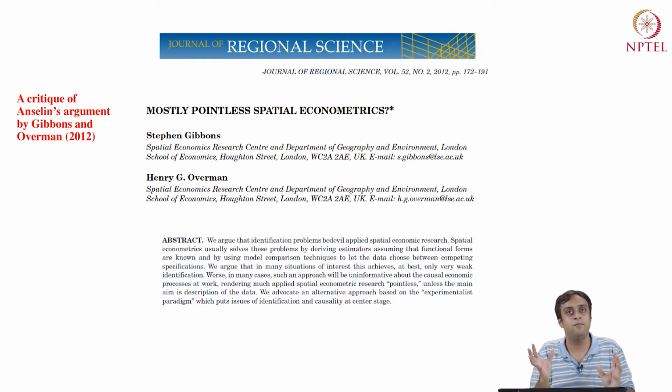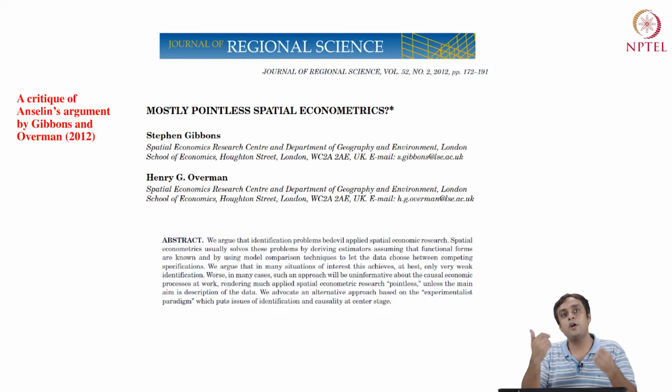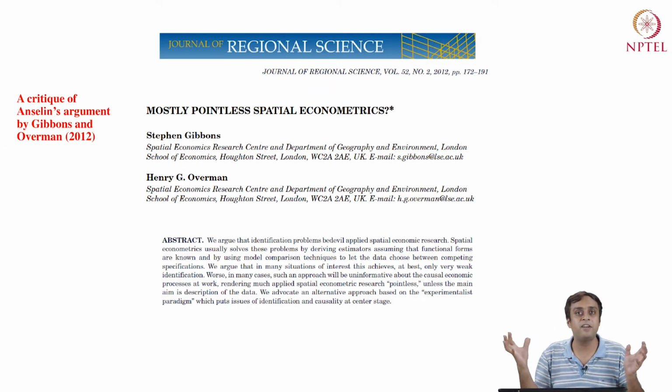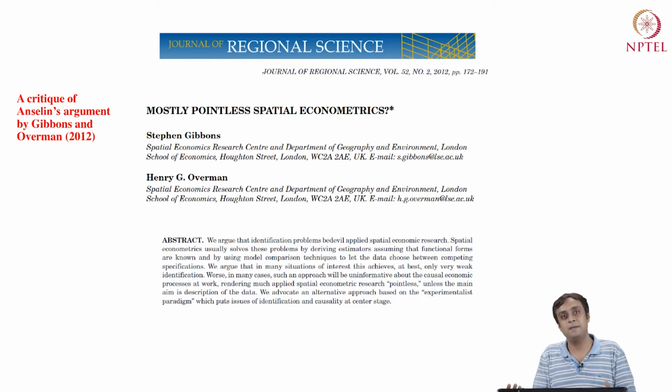Merely using these geographic weights, which are only an index of who is near me in terms of my location, is not going to be sufficient to account for the economic channels of endogeneity, right. If you are not able to account for the economic channels of endogeneity, then a weights matrix based argument, that just because mathematically Wg is not equal to a moving average expectation spatially, doesn't suffice to identify causal inference.